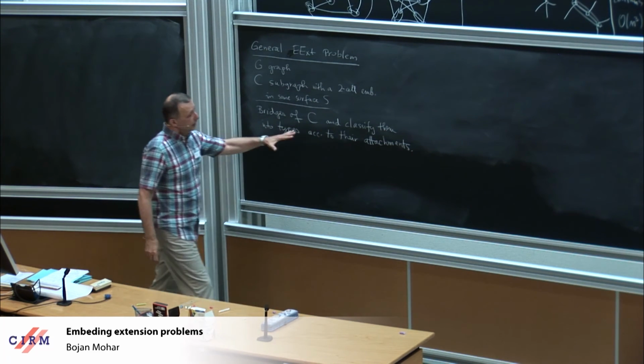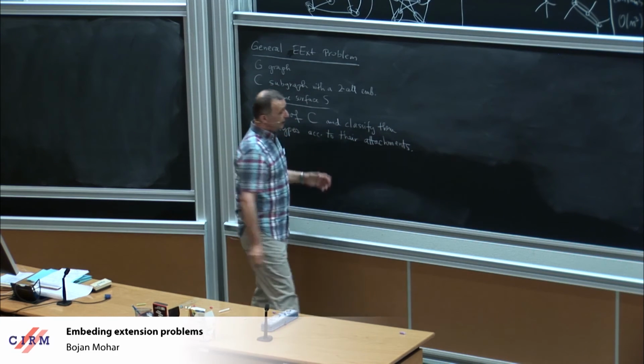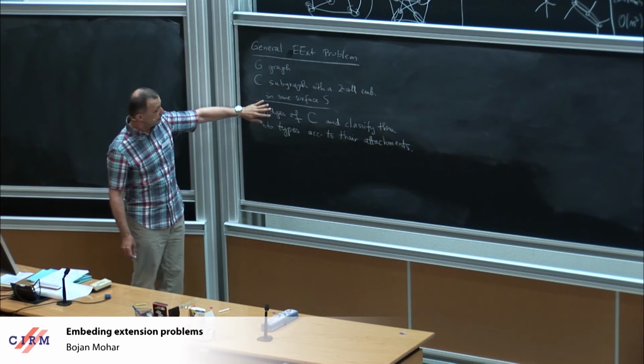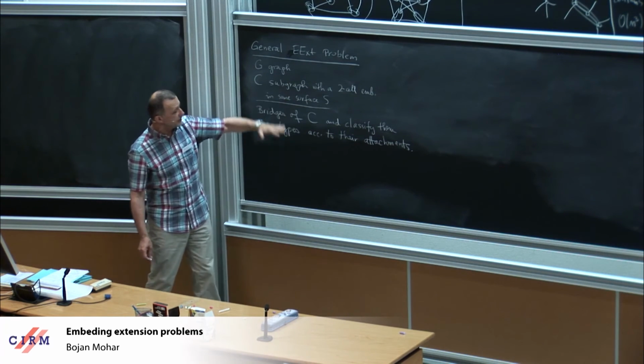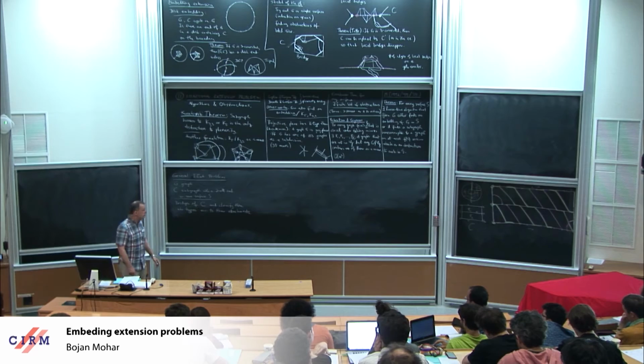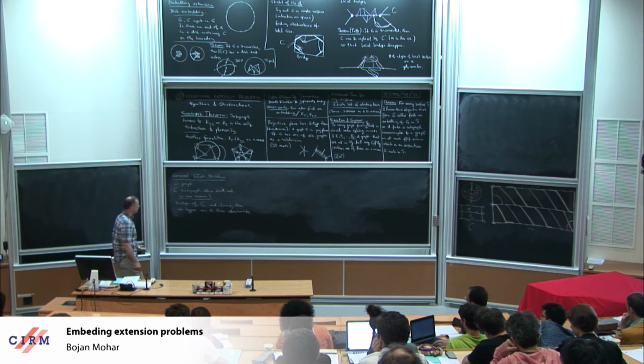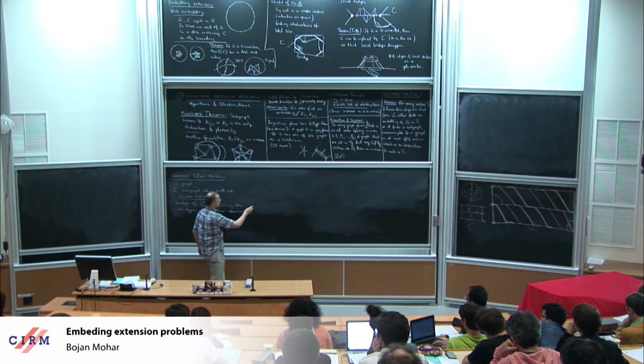Now, when you try to solve the embedding extension problem, so the embedding of C to be extended to an embedding of the whole graph, the most annoying bridges are those which are attached just to two subdivided paths, or to one vertex and one subdivided path. Let me just give an example.